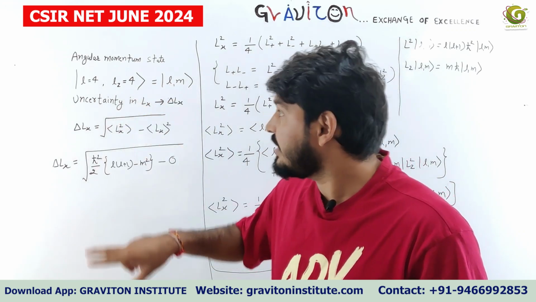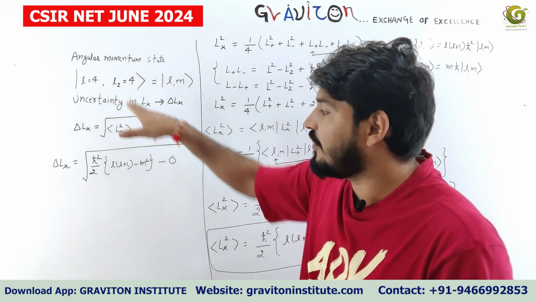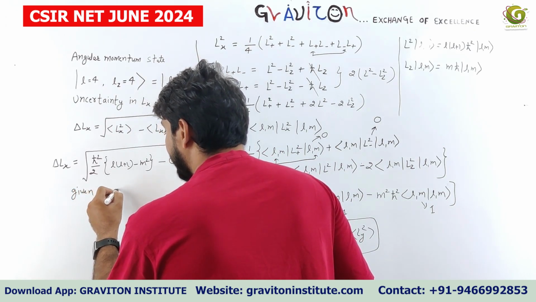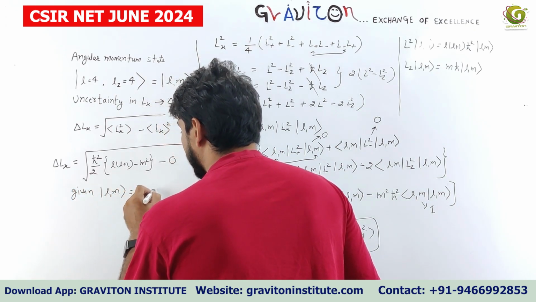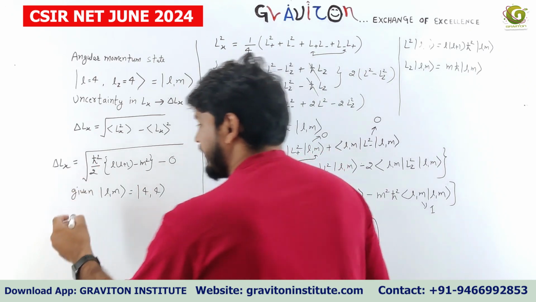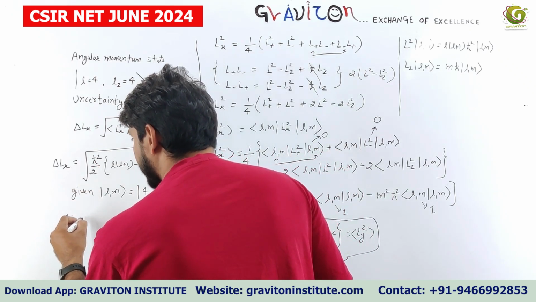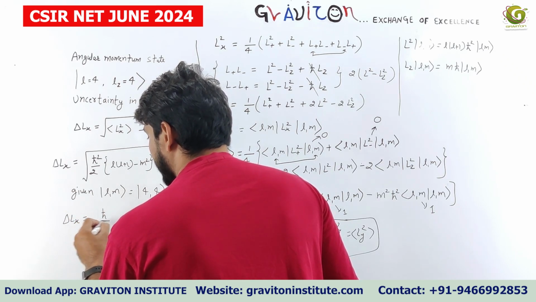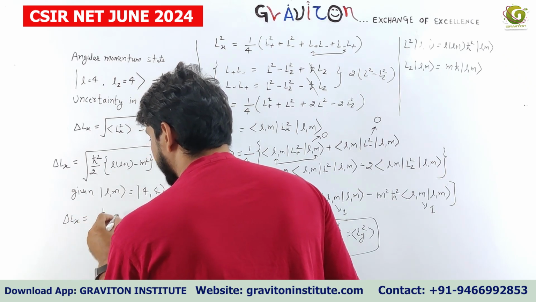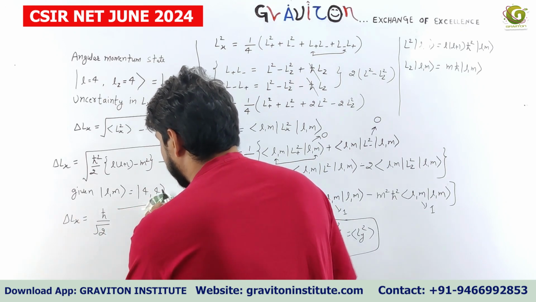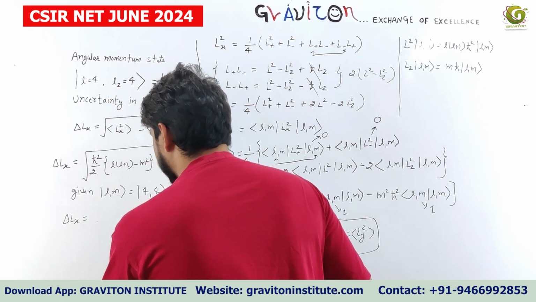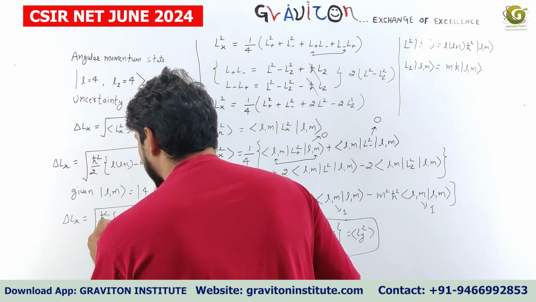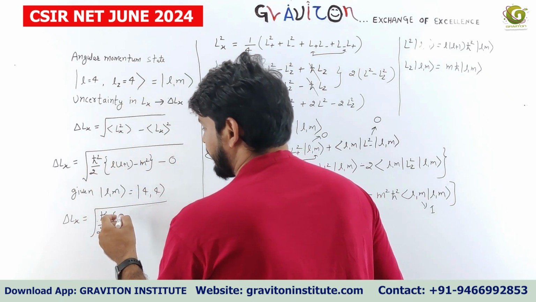What we have to calculate? On state |4,4⟩. So what is given to us? That Lm is nothing but |4,4⟩. So we can find out for this one. ΔLx is ħ by root 2, या फिर ऐसे ही लिख लेते हैं सीधा ही. We can write it like this, ħ²/2, and this L is nothing but 4.